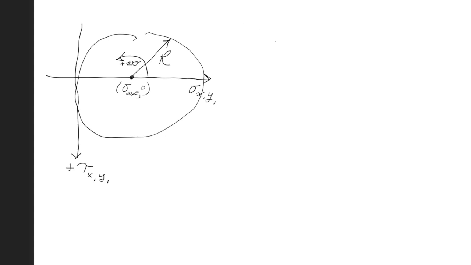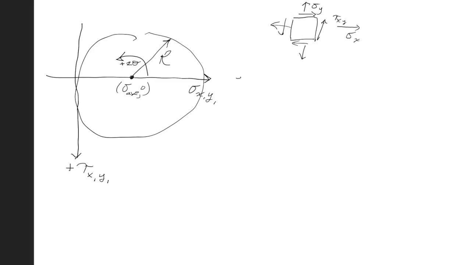Okay, so let's maybe show you how you do this. If I give you a plane stress element, let's say sigma x, sigma y, tau xy, we want to plot the Mohr's circle corresponding to this condition.